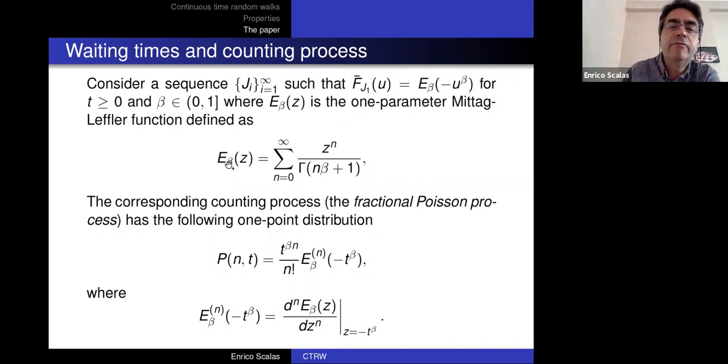But if beta is smaller than 1, this is no longer exponential. And if you replace z with minus t or minus u to the beta, you have here a minus t to the beta to the power of n that you have to compute.